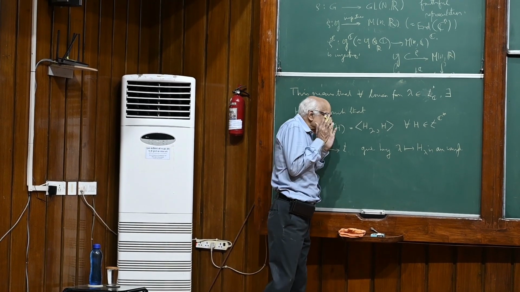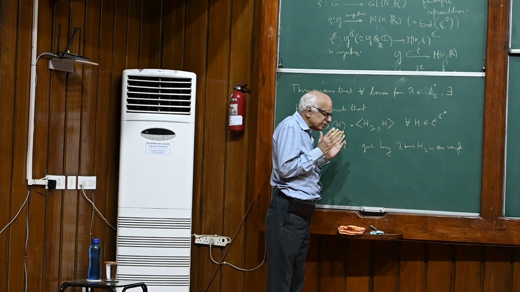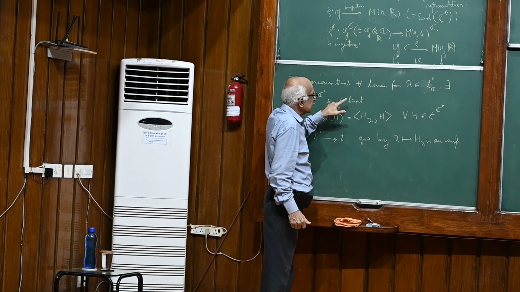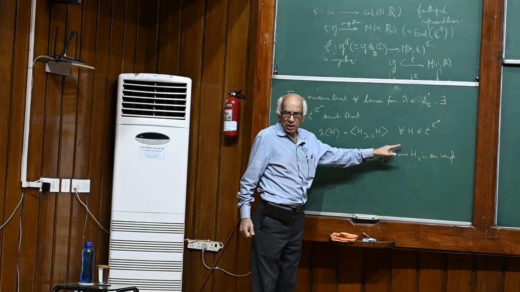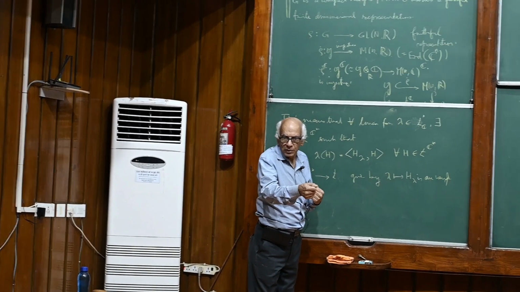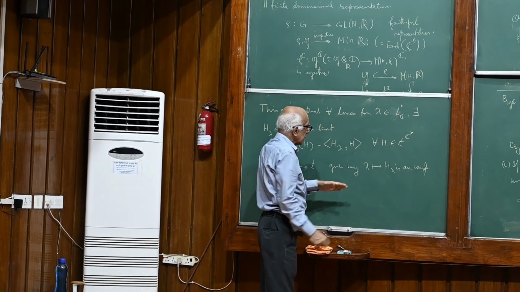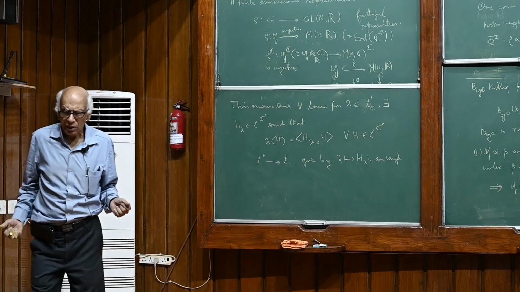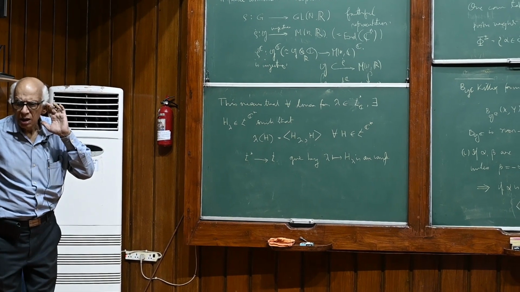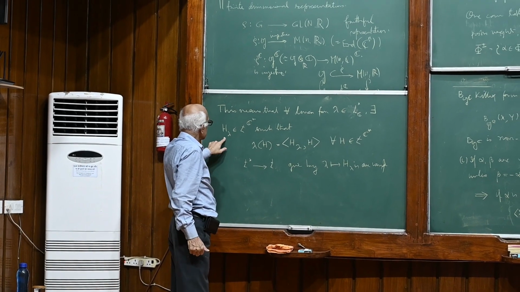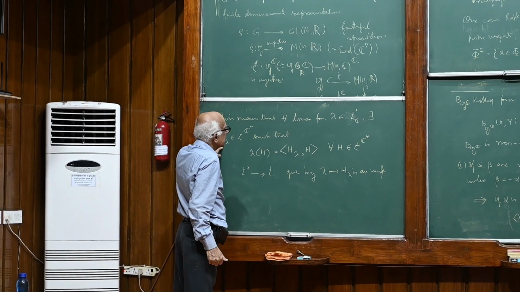The binary form is defined so that for any given lambda, there is an H lambda like this. So you get a natural map from lambda to H lambda. That should be Tc, not Tc star.